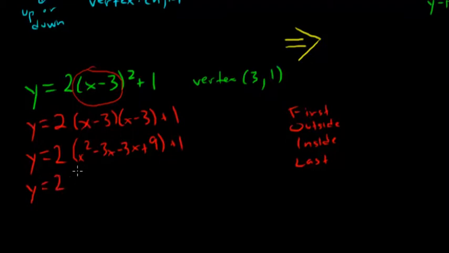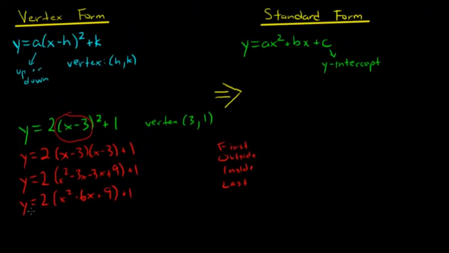Now we just gather all our terms together inside the brackets. And now it's a matter of expanding that expression. So 2 times x squared is 2x squared. 2 times negative 6x is negative 12x. 2 times 9 is positive 18, plus 1. And if we just gather that 18 and that 1 together, we'll be done.